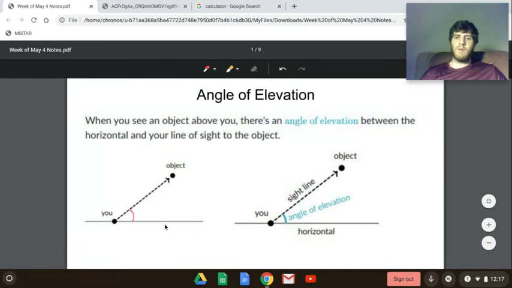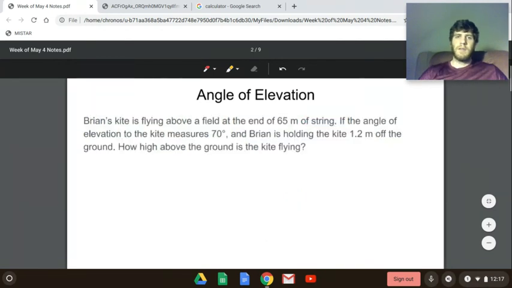Right. So wherever the observer is, we're going to have a horizontal line. And then if they're looking up towards an object, we're going to call that increasing the angle there, the angle of elevation.